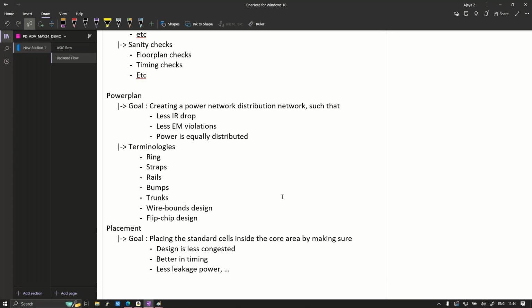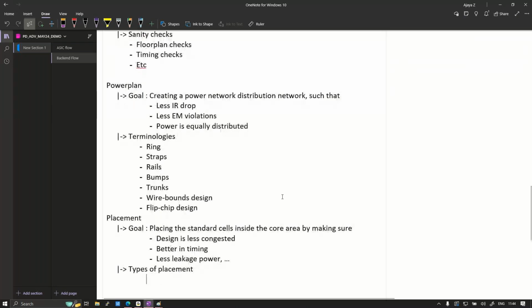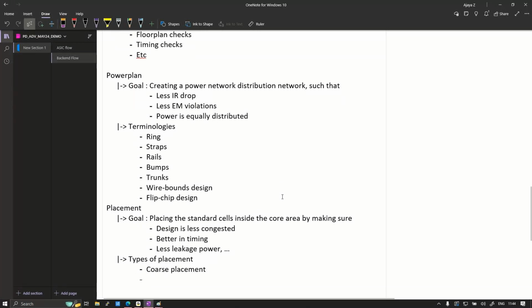Now the next is types of placement or procedure of placement. That is coarse or global placement, legalized placement, and detailed placement.